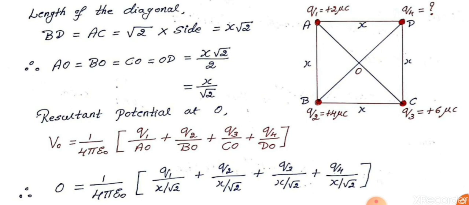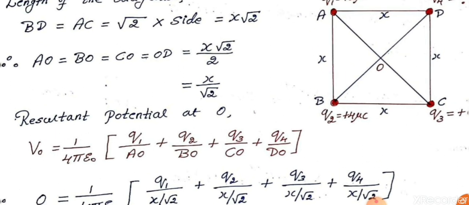Then find AO, BO, CO, DO. Those are the distances from each corner to the center. Dividing the length of the diagonal by 2, x root 2 by 2, you will get x by root 2.